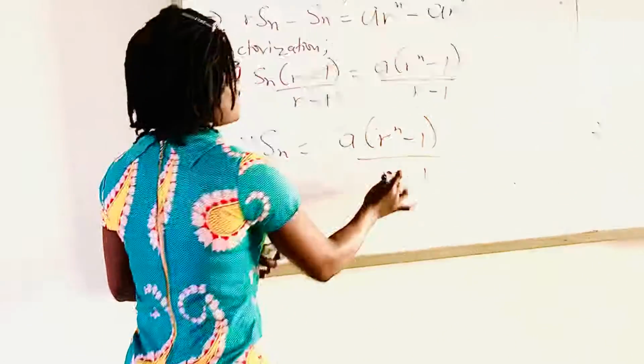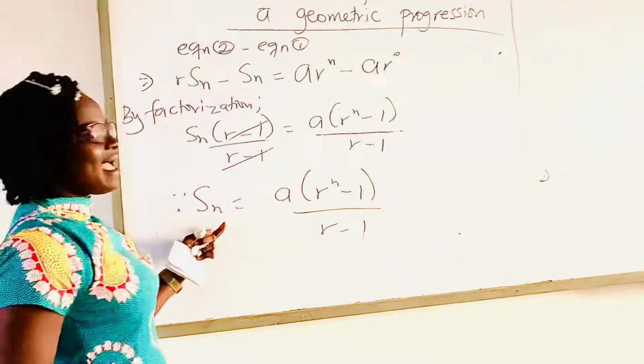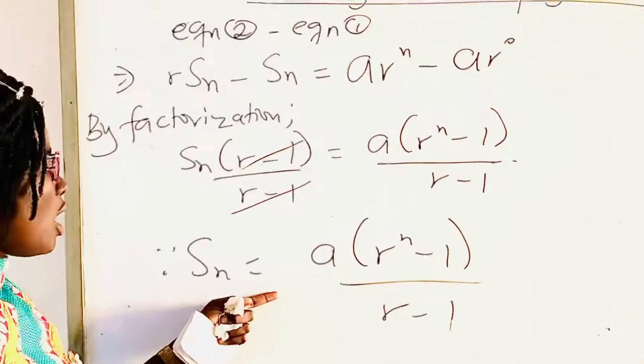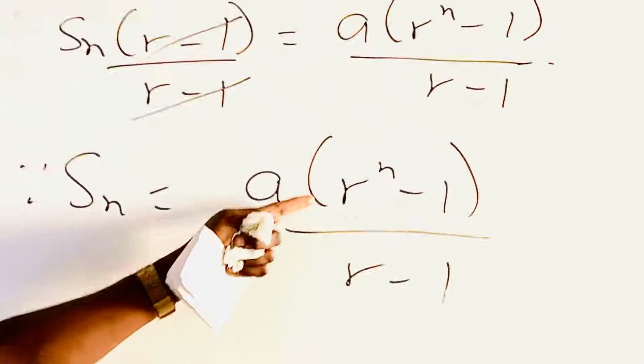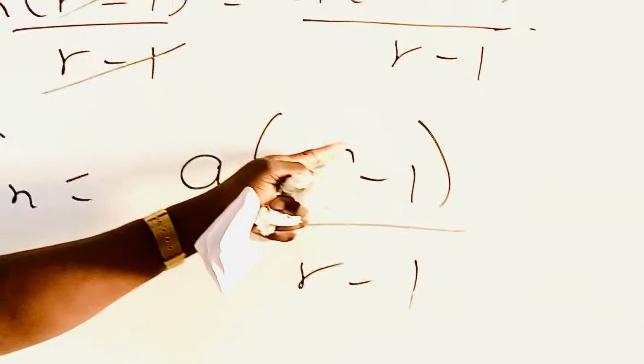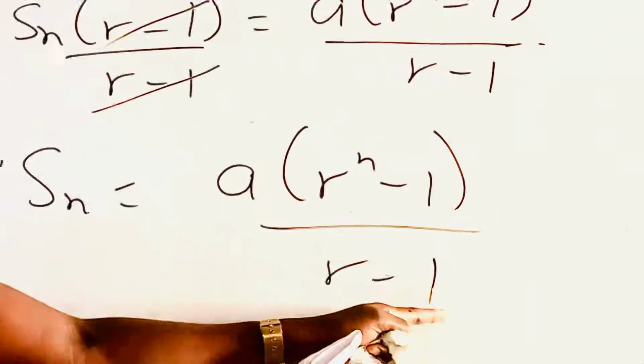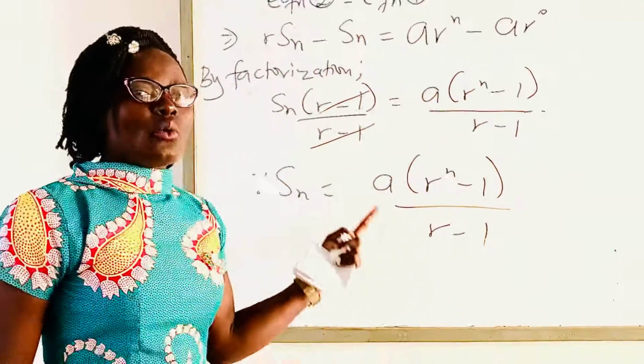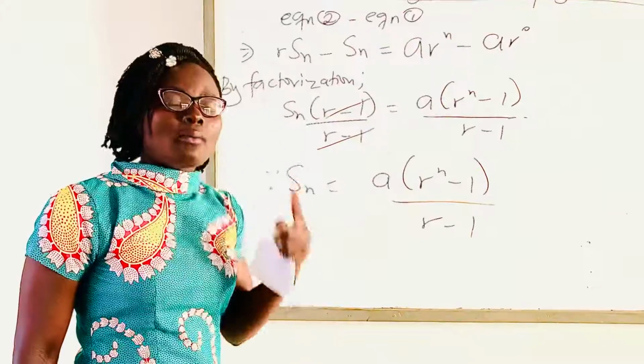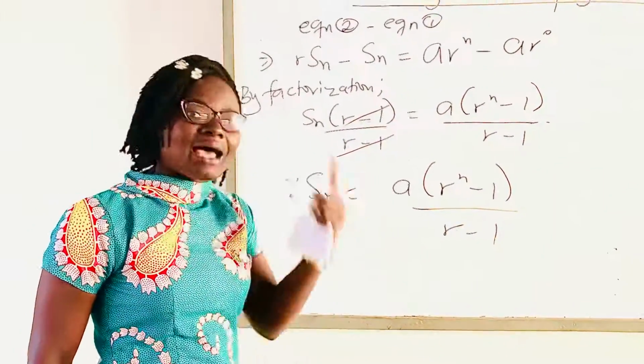Okay, so therefore we can say that Sn is equal to a bracket r exponent n minus 1 over r minus 1.